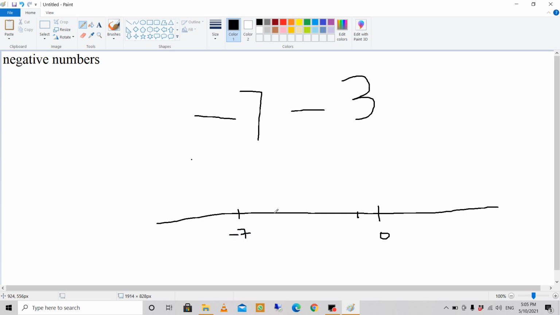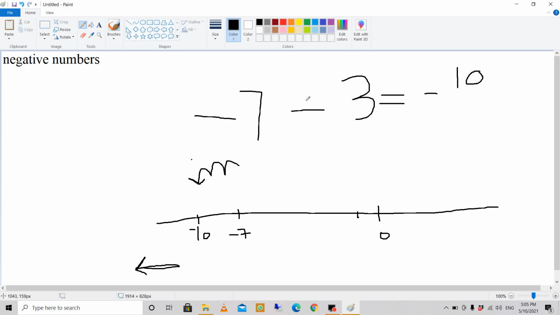We have already discussed that subtracting means move 3 steps towards the left side. On the left side, the negative numbers are increasing. So 3 steps left means this will be equal to -10.